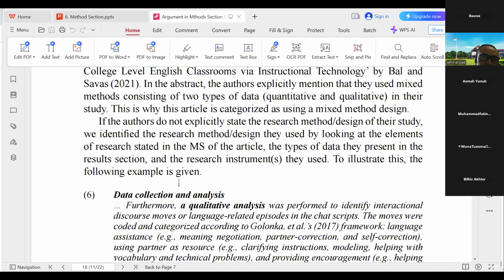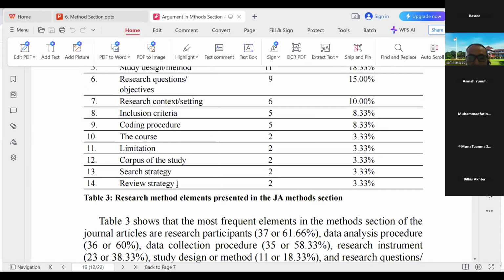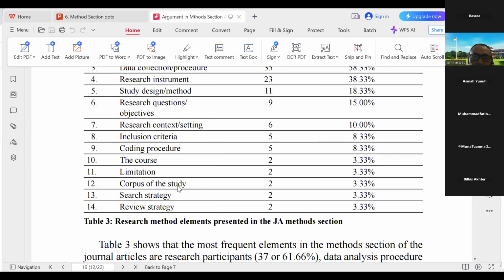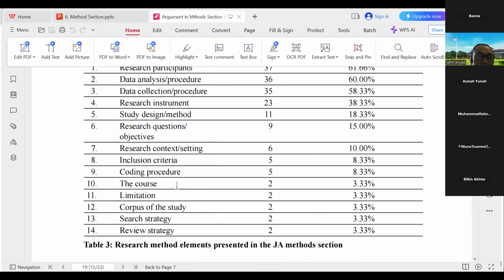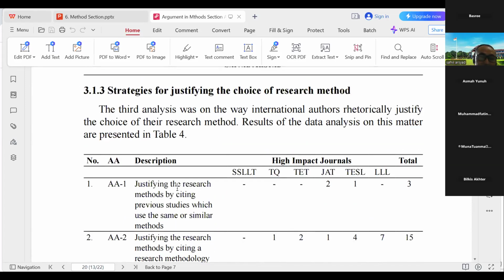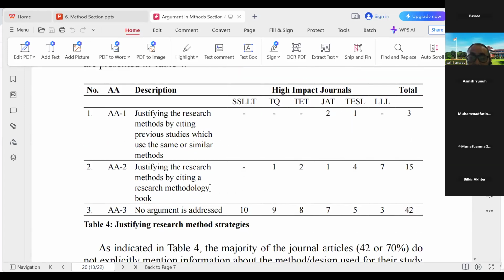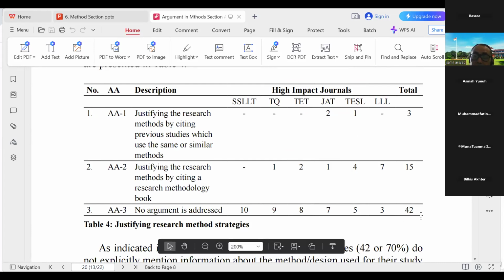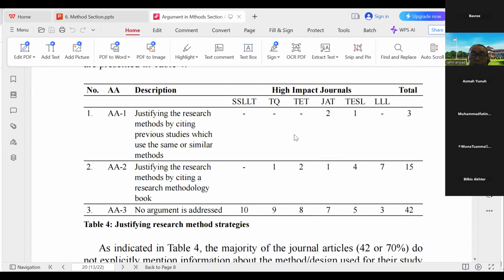Most of the authors do not declare their design. You see here, 42 out of 60 authors or articles do not directly state the design of the research in the method section.